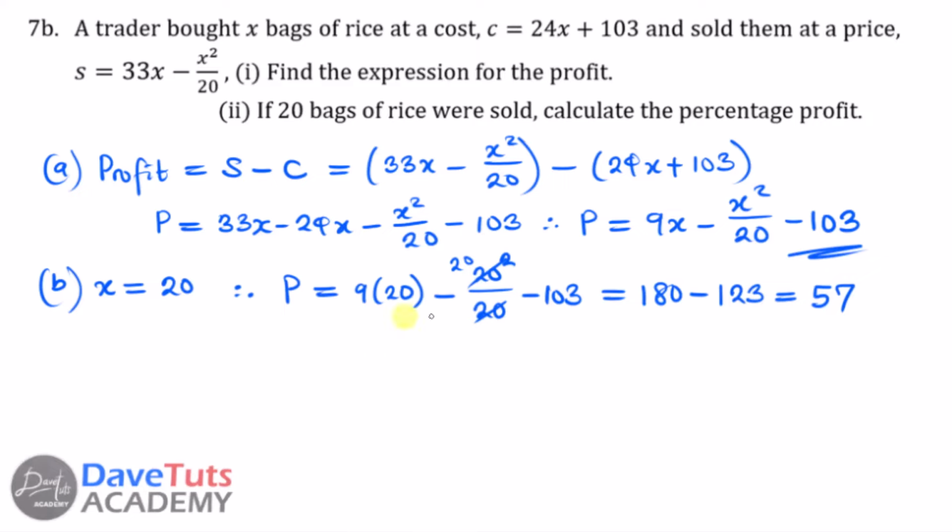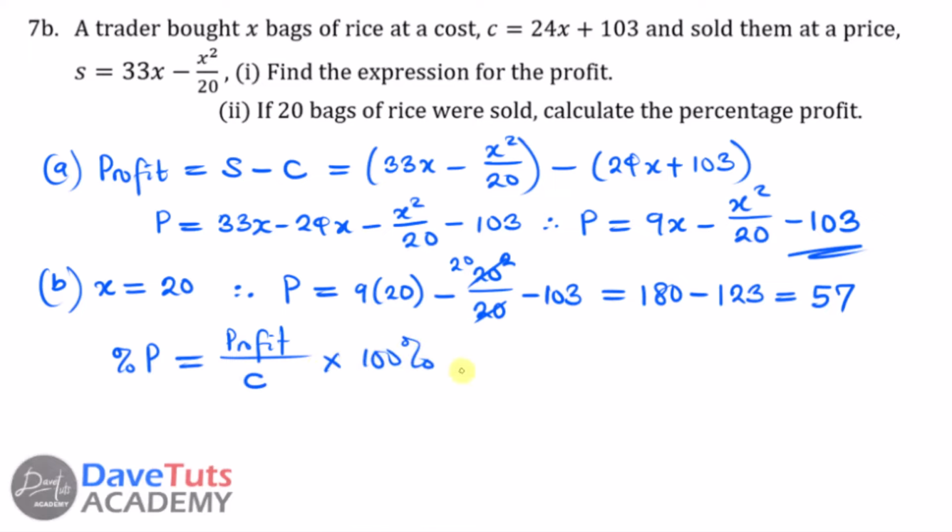So once we have P as 57, which is the profit, we can talk about the percentage profit, which is going to be the selling price minus the cost price, and already we identify that as profit. So we don't need to say selling price minus cost price again. We can just say that is nothing but the profit divided by the cost price C multiplied by 100%.